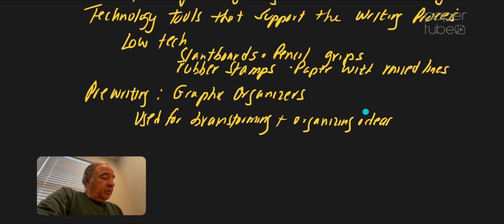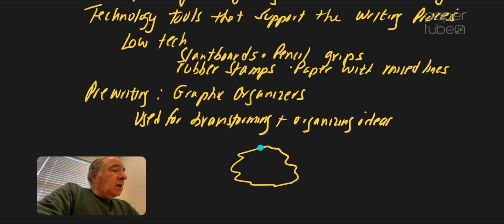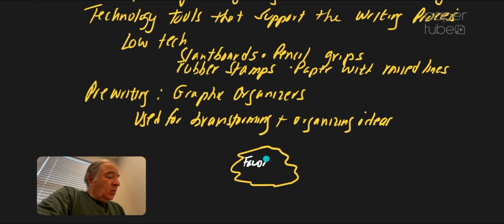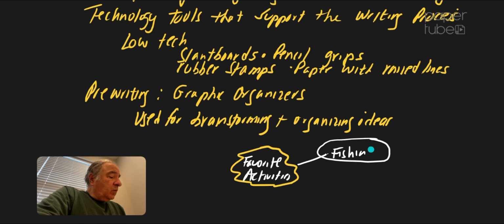And like I said, some of this can be paper, but a graphic organizer could be set up for something like this, where the student might be brainstorming about favorite activities. So that's the central idea. And then going out from there, students could fill in their ideas.